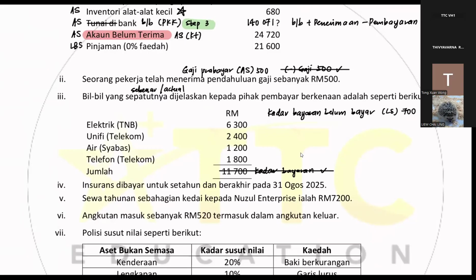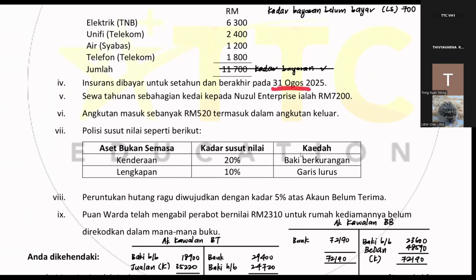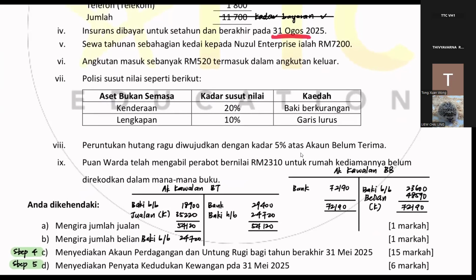Number 4, we paid insurance for 1 year, but ending 31st August. Then what's the last day of the year? We end the year on 31st May, right? That means we paid too much or too less. Ended the year 31st May, but we paid until 31st August. That means we paid too much or too less?